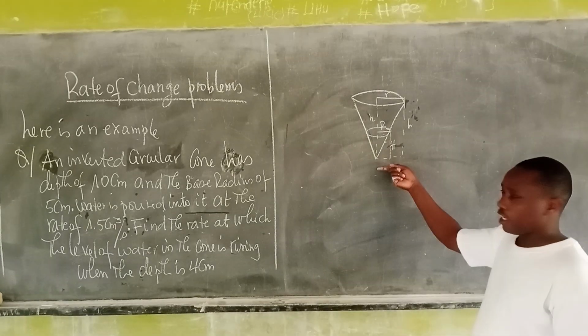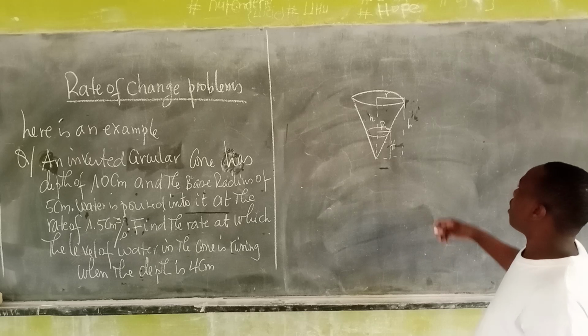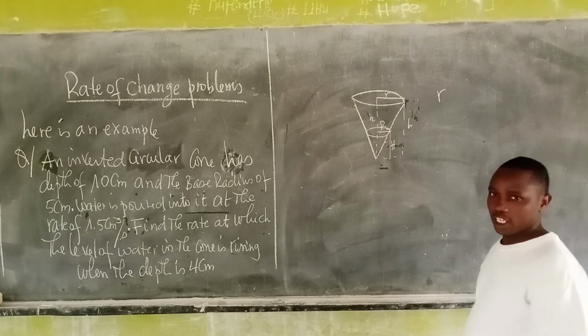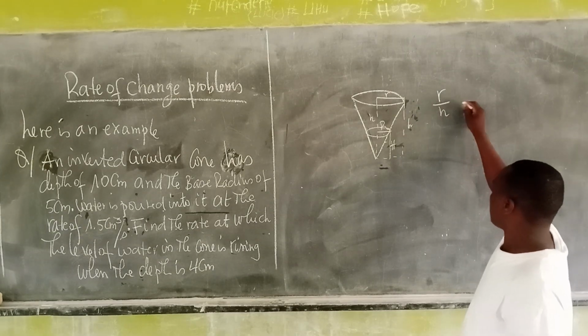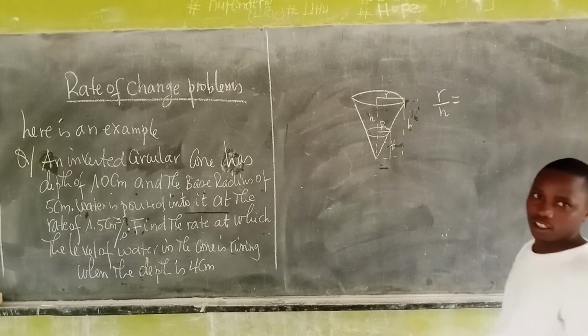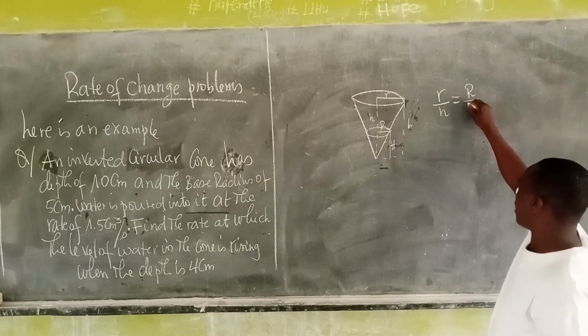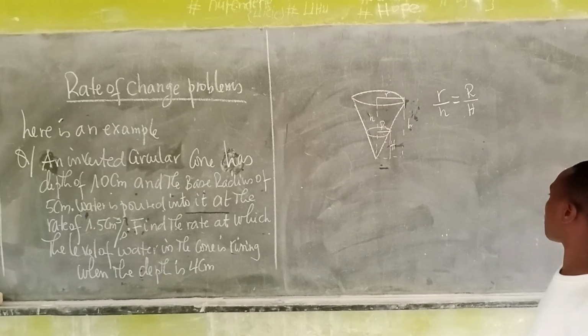To answer a question of this kind, what do we do? We take the ratio of the lowercase r and its corresponding height, and this uppercase letter R and its corresponding height.